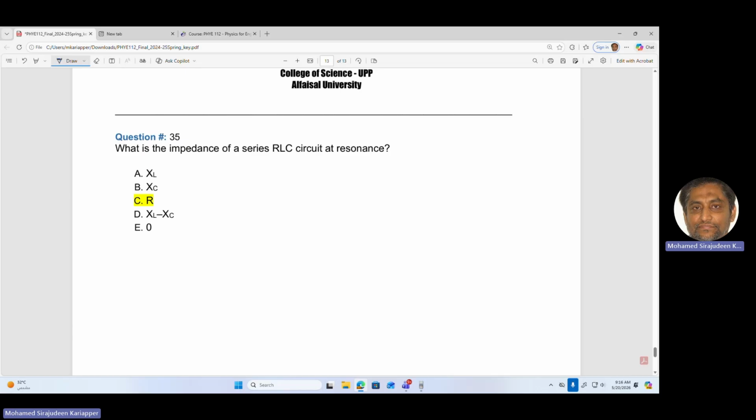This is the last one. What is the impedance of a series RLC circuit at resonance? When resonance happens, the impedance is the minimum. The impedance is given by this. It is the minimum because R is a constant, it doesn't change when you change the frequency.